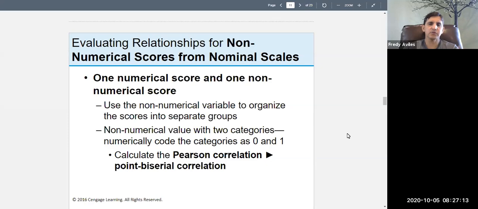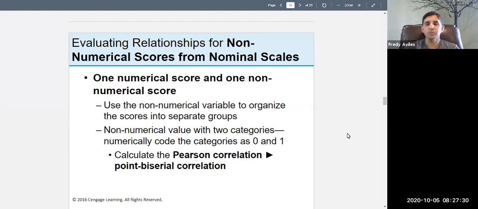Let me give you this example instead. One is the numerical score, let's say aggression, and the other one is sex, male or female. So one is a score, the other one is a category. How do you do a correlation with these? Okay, there's a way to do it.